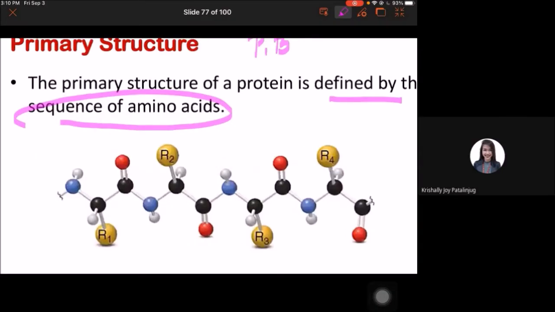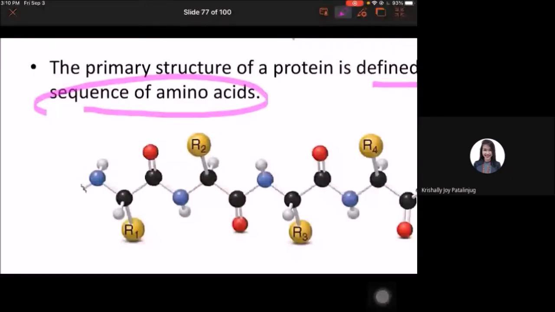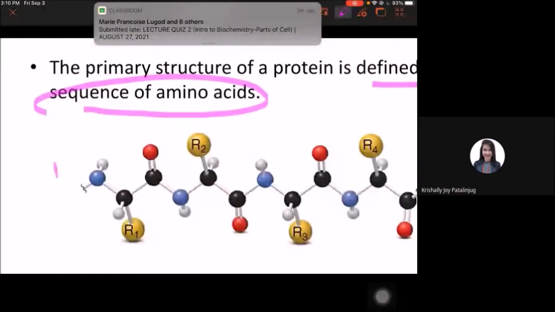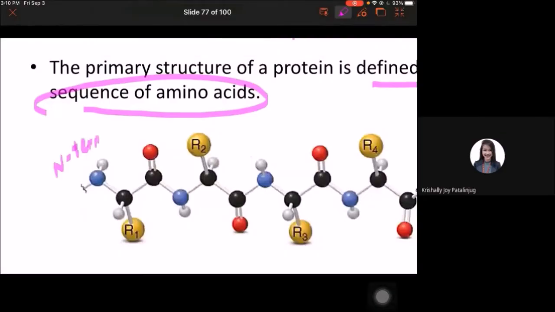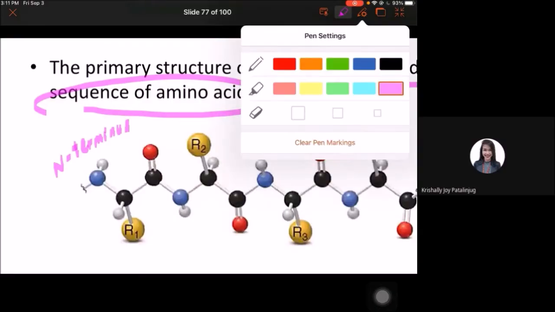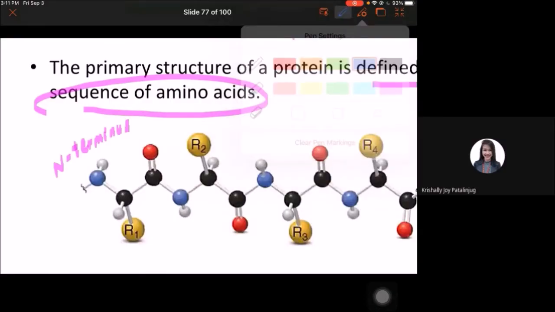On the left side, this is actually the N-terminal, or let's say the N-terminus. The N-terminus is the one with a free amino group. Imagine that the blue color in the whole peptide chain is the amino part, the NH part.